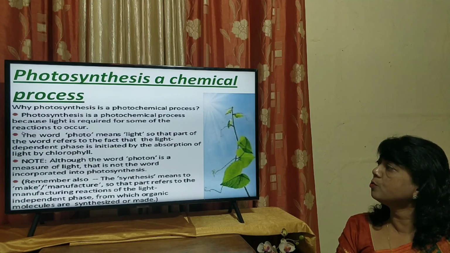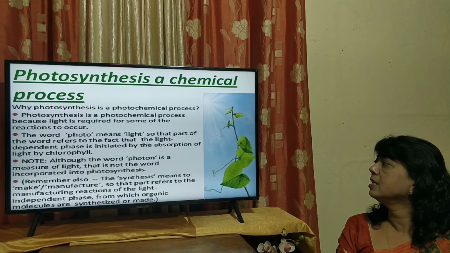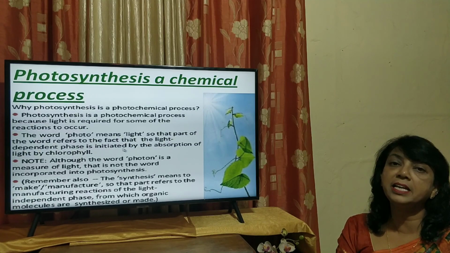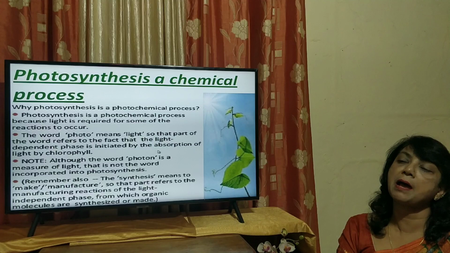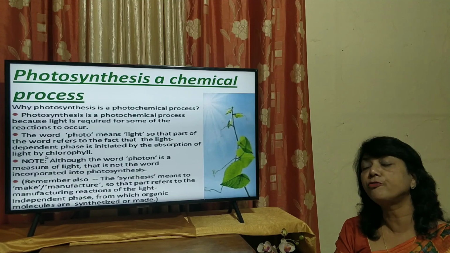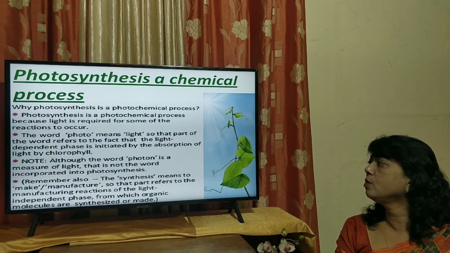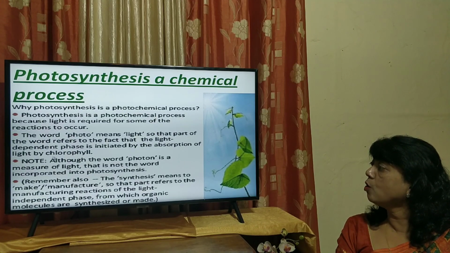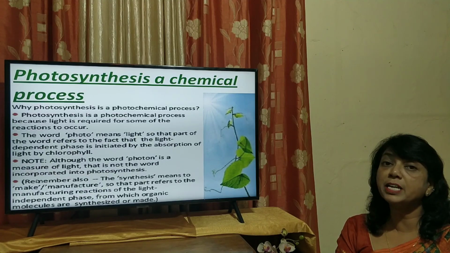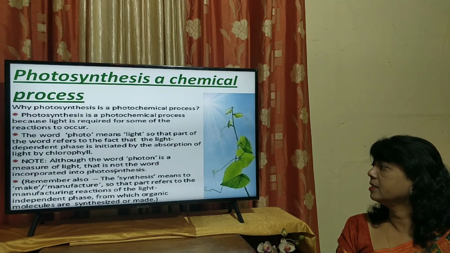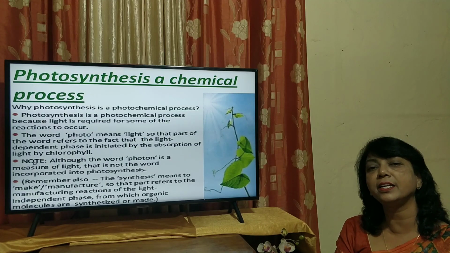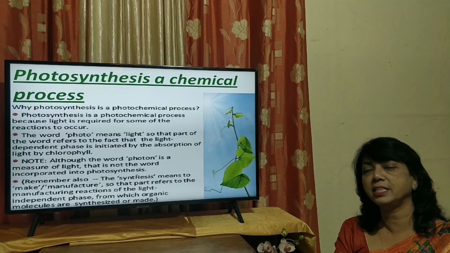So that part of the word refers to the fact that the light dependent phase is initiated by the absorption of light by chlorophyll. Now let us note that although the word photon is a measure of light, that is not the word incorporated into photosynthesis.